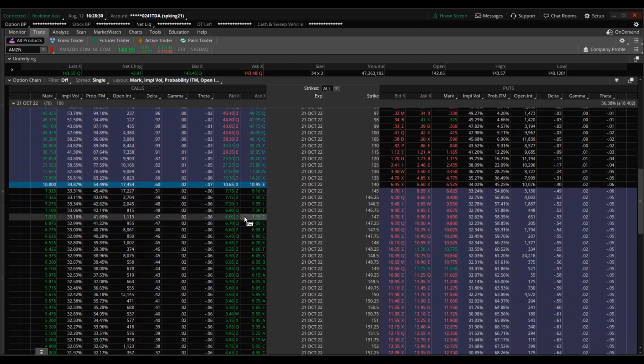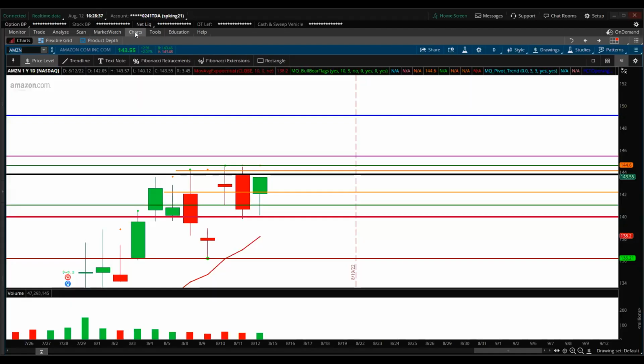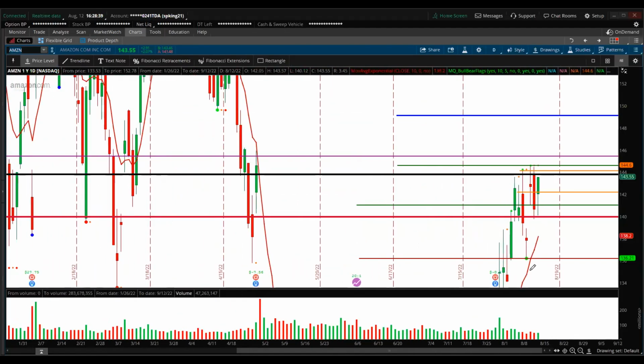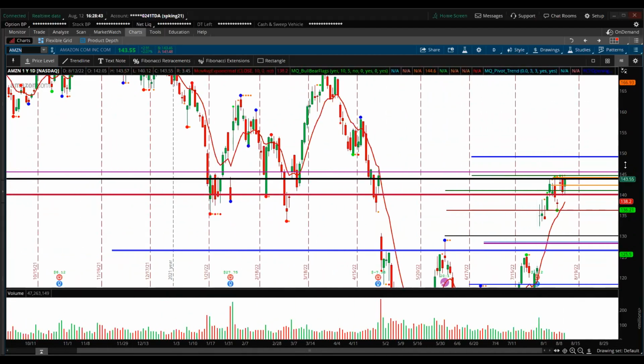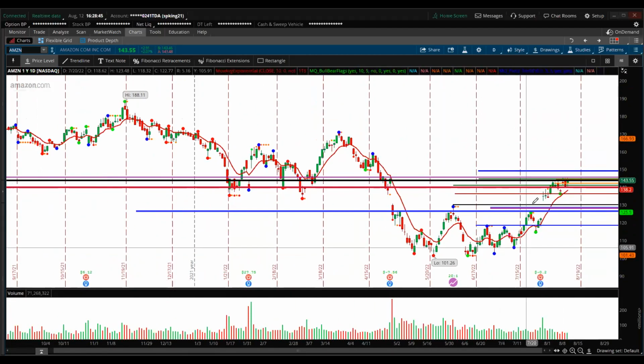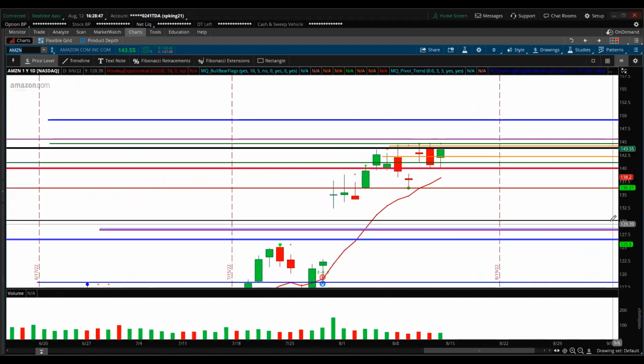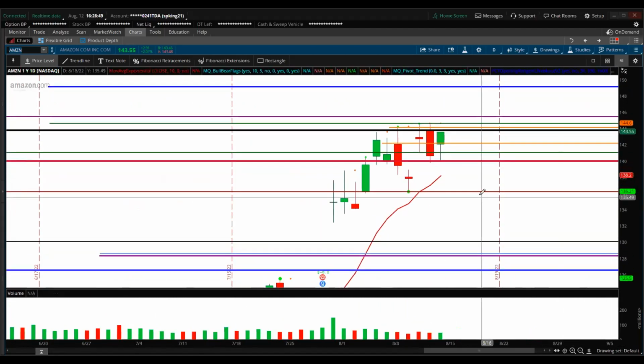But now let's say if we go out of the money, okay, let's go back to the chart now. Let's look at a real example. Okay. If I go back here and I'm looking at Amazon, right now, see this thick black line and this thick red line. This is the monthly 20.